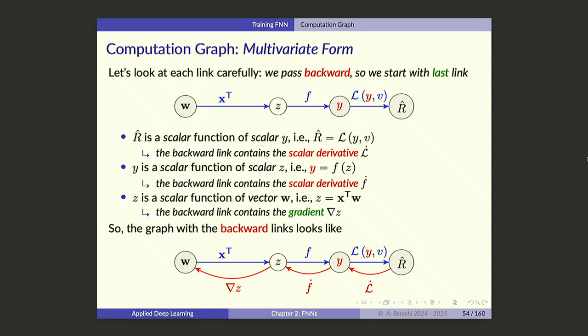So one scalar multiplied with the second scalar multiplied by a vector, and bingo, you have the gradient, right? So you're going to get a vector, right? And that vector is exactly the gradient that you want, right? So this L dot is easy. You do know it. We did it on the board, right? That f dot is, again, easy because you fixed the activation function, right? So you can compute that. What about this gradient?